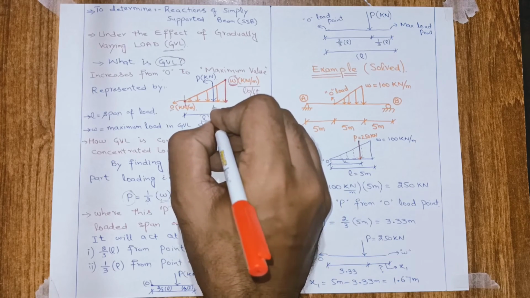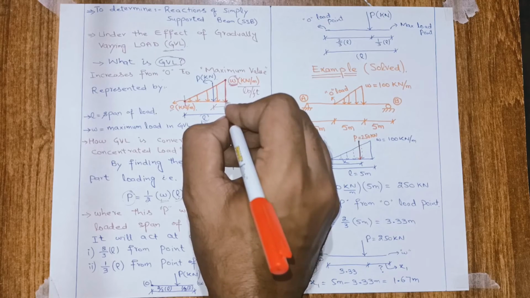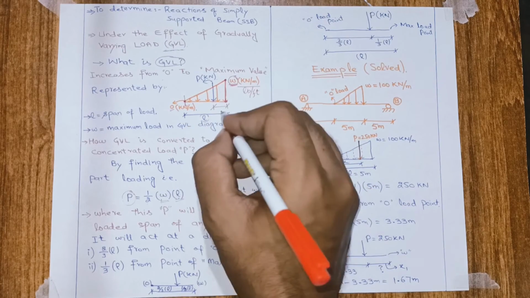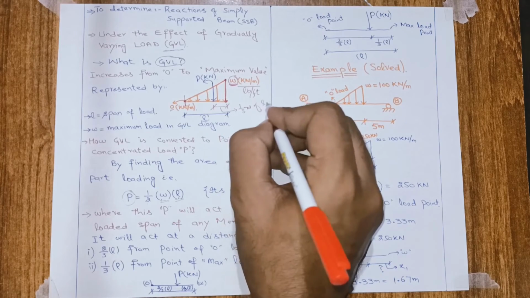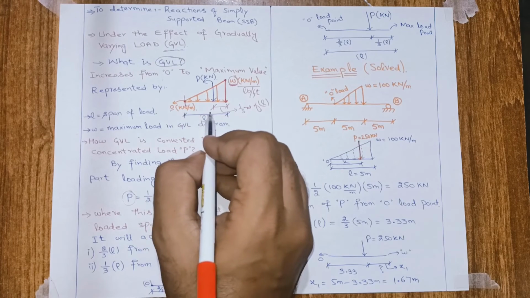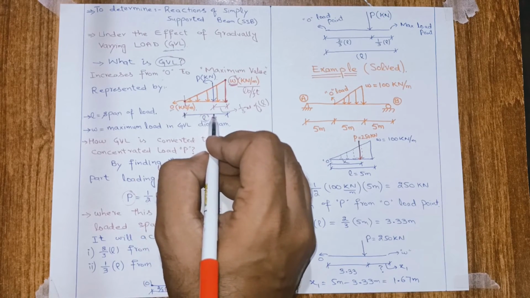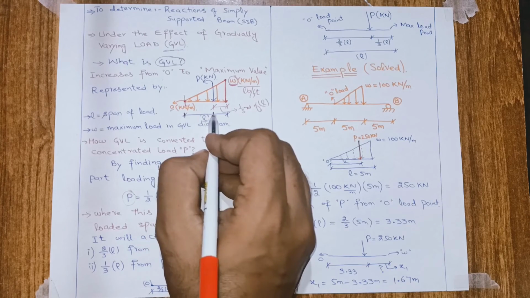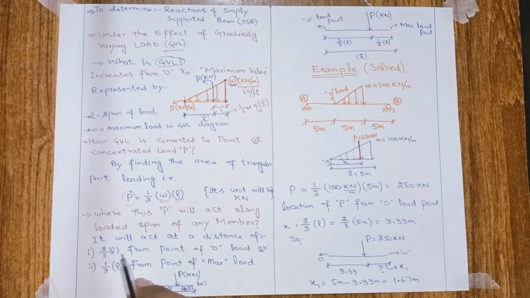This means that if we calculate the distance from the maximum load point to the point load, it will be 1/3 of the span length of the load. If we calculate it from the zero load point, then the distance to the point where the point load is acting will be 2/3 of the length from the point of zero load, or 1/3 length from the point of maximum load.